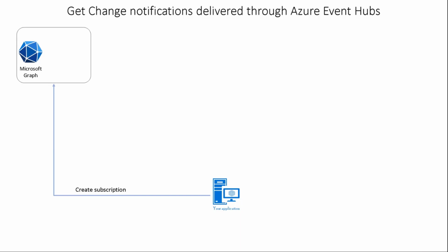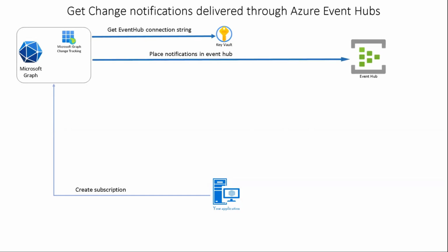Today, because your application will not be getting the notifications directly from Graph, there is a special application and a tenant called Microsoft Graph Change Tracking. This basically would send the notification on the Event Hubs for you. The way it comes together is that you create an Event Hub namespace and an Event Hub, and you provide the connection string of that Event Hub as a secret in Key Vault.